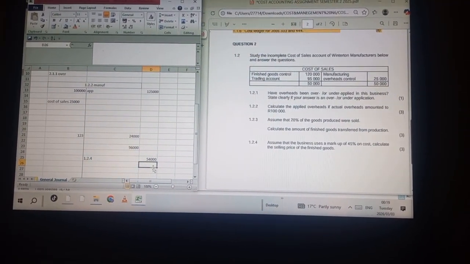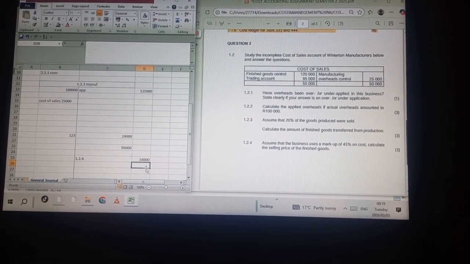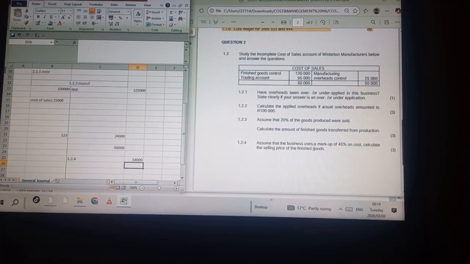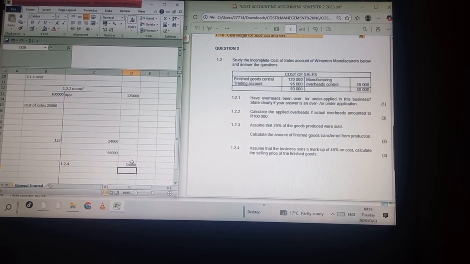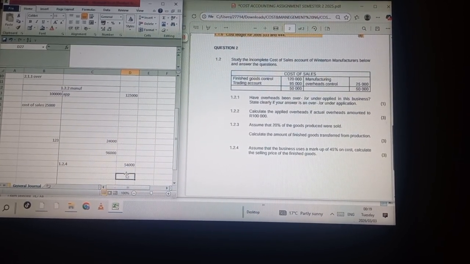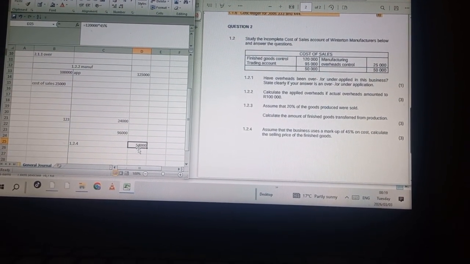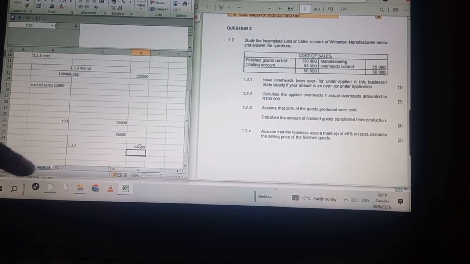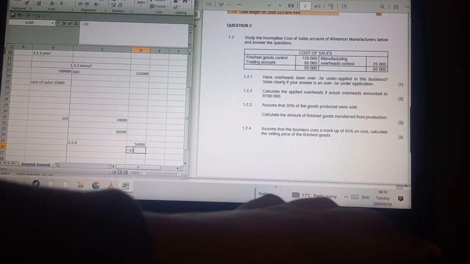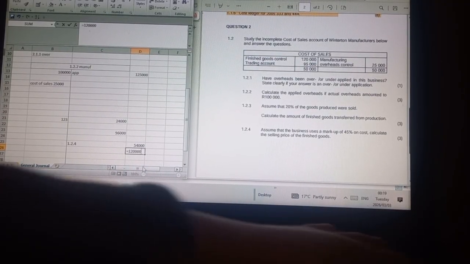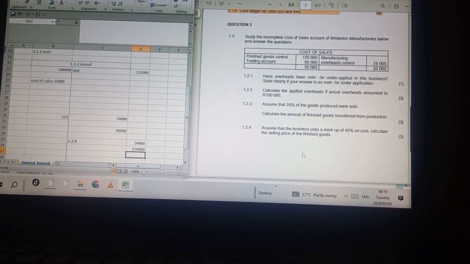You get 54,000. 54,000 is the profit. It's our markup. Then we need to add also our cost: 120,000 plus your markup. 174,000 is your selling price of the finished goods.